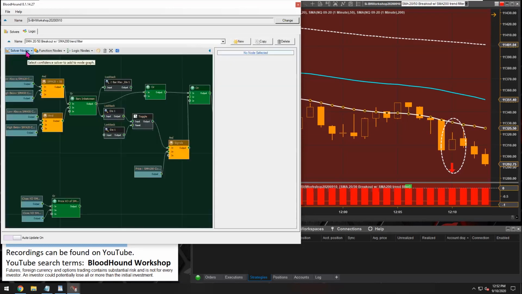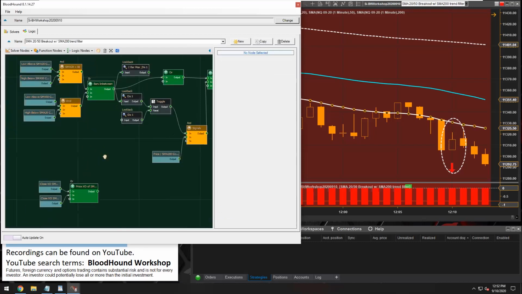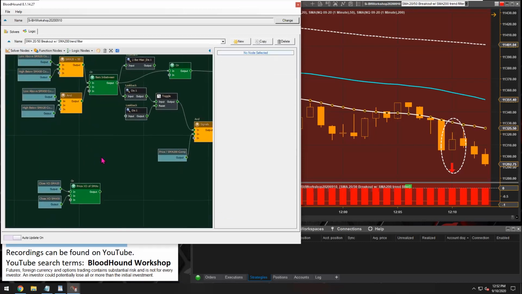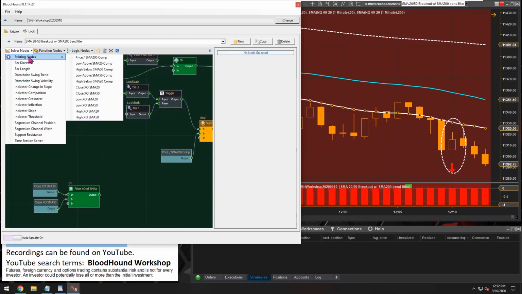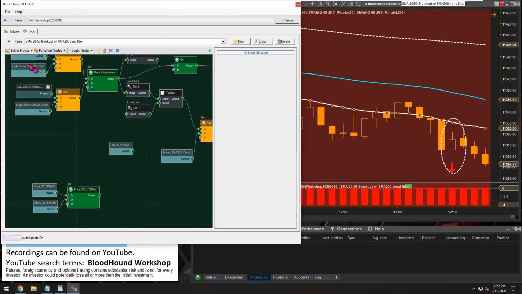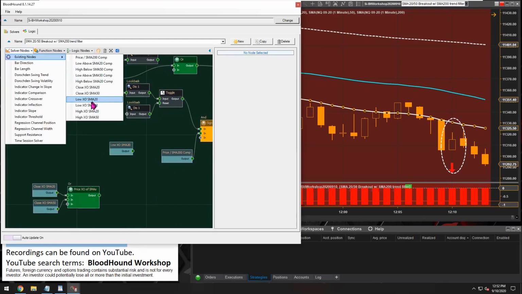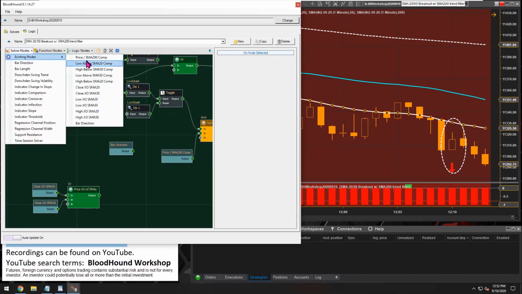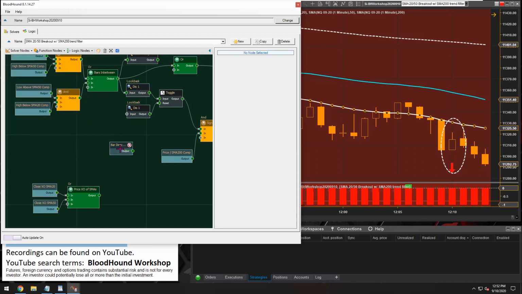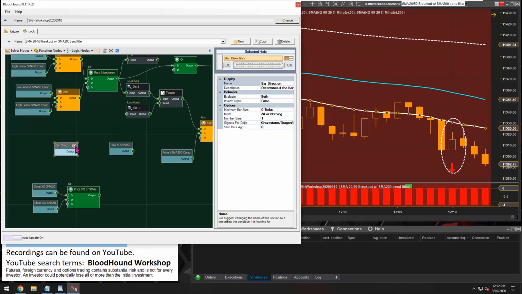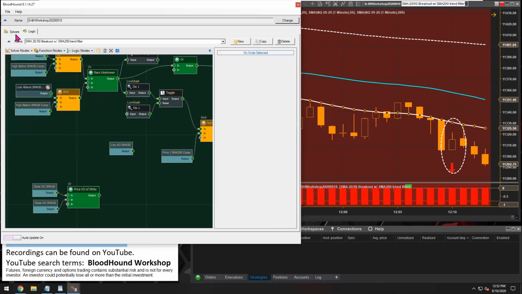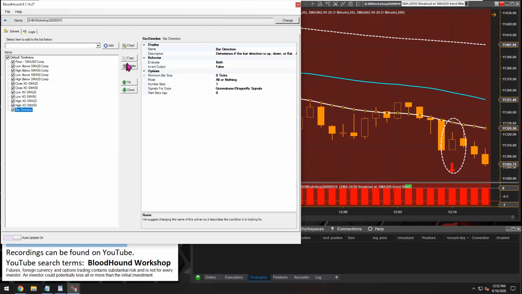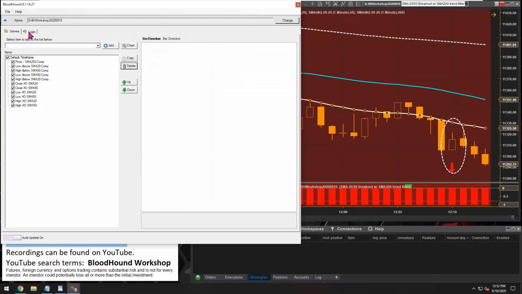All right, so let's put all of those solvers on the board here. So we'll go to existing nodes and just drop them on the board one at a time. And I grabbed a bar direction by accident. Let me just delete that out of the system. There we go.